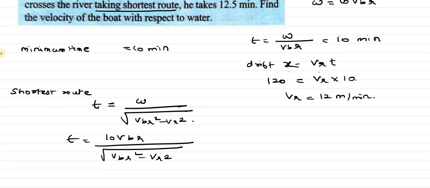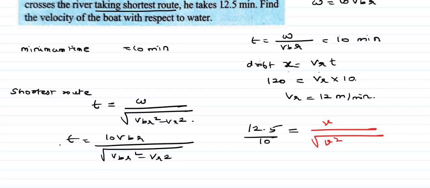What is the time taken for the shortest route? 12.5. So 12.5 equals, this is nothing but, divided by 10, equal to VBR. I will take it as V for a moment, it will be easy for me. So VR square is what? VR is 12 meter per minute. Everything is in meter per minute, so you can consider that only.